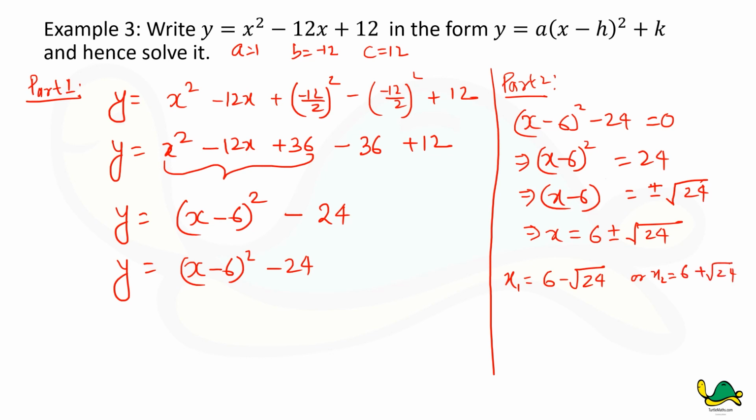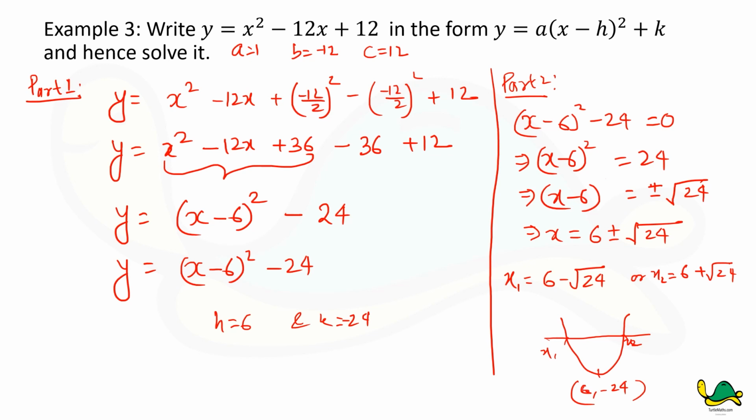These are my x-intercepts. It's a concave up parabola. It will intersect at these points x1 and x2. And since you know the vertex form, your h is 6 and your k is negative 24. So the vertex coordinates are 6 comma negative 24.